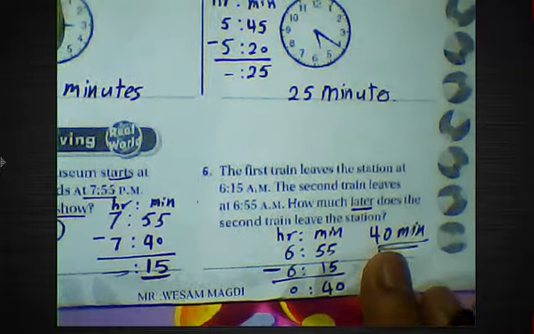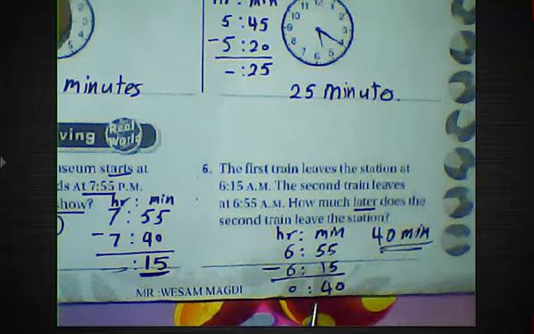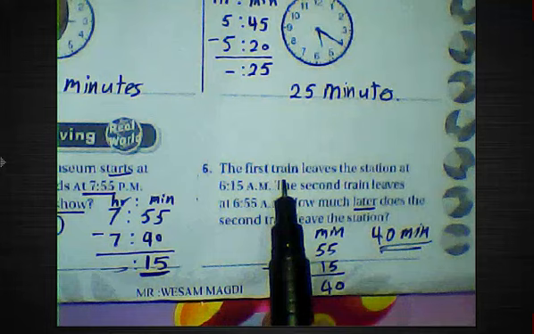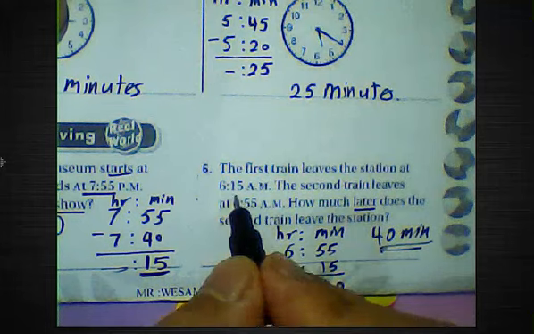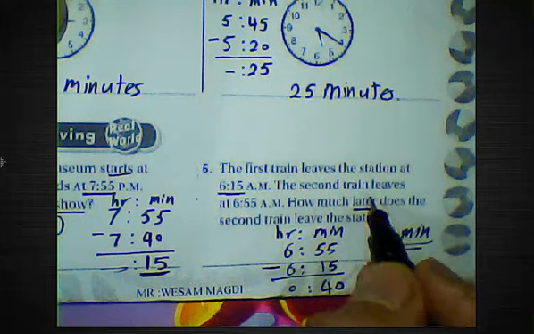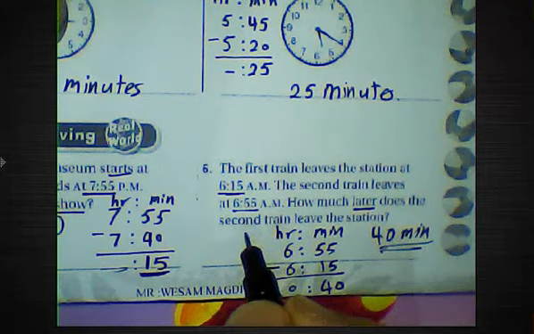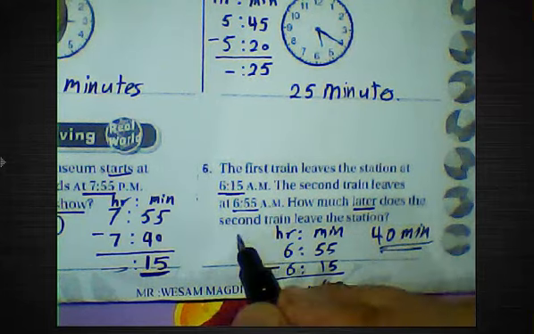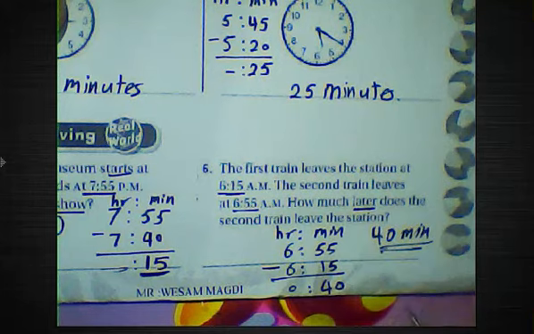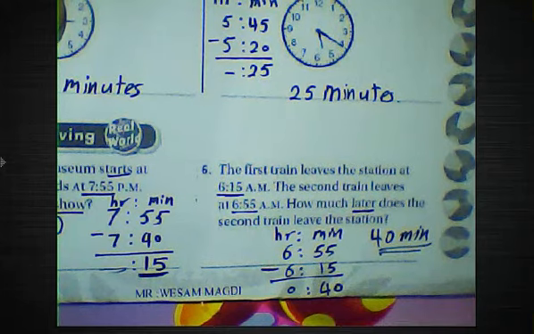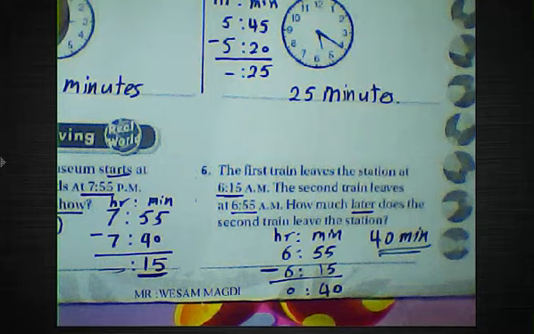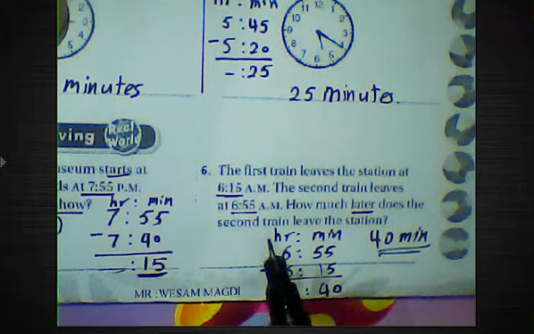And what about this question here? Again, I will solve it again, okay? The first train leaves the station at 6:15 a.m. The second train leaves at 6:55 a.m. How much later does the second train leave the station? We must find the difference between the time 6:55, it's the end about the second, and the first starts at 6:15.